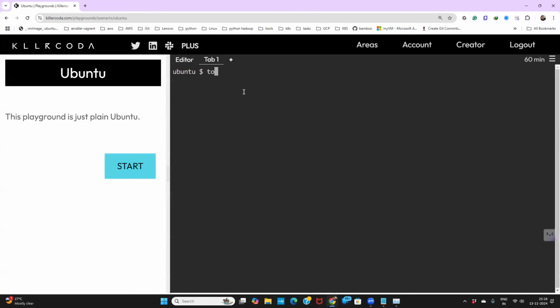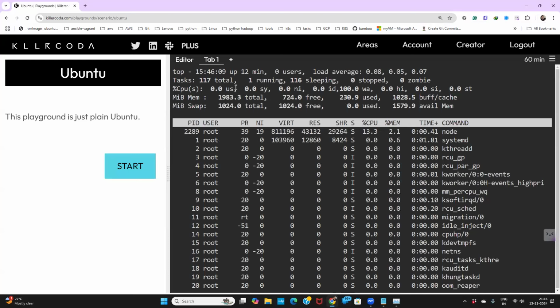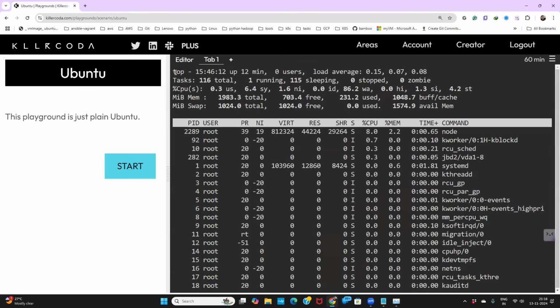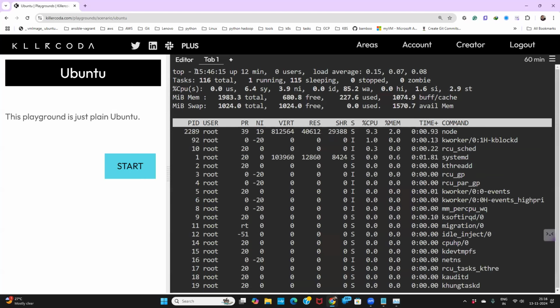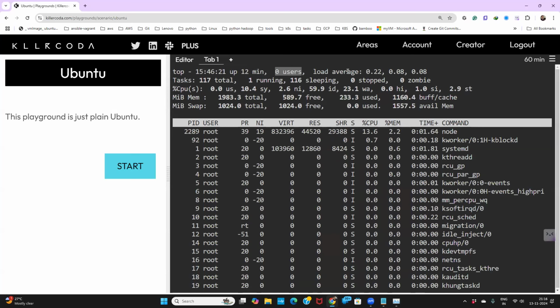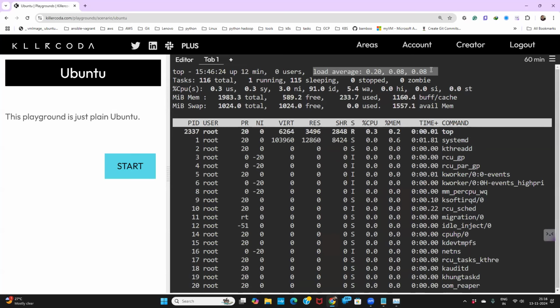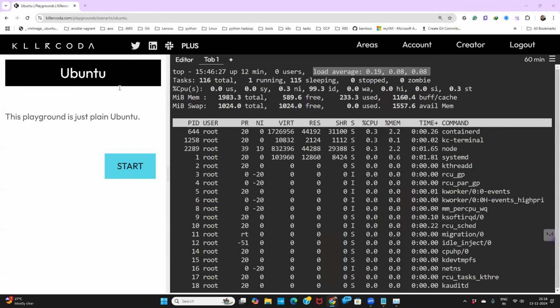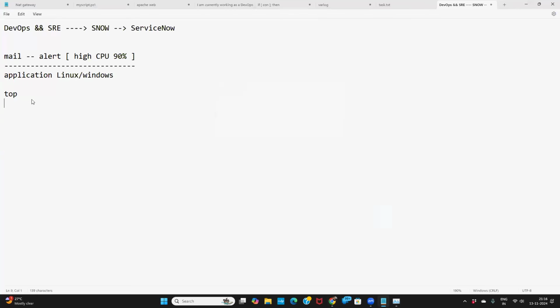If you look here, I'm trying to run a command called top. When you run the top command, it will show you how long it has been up and running, and how many users are connected. The main thing I'm looking at now is the load average.